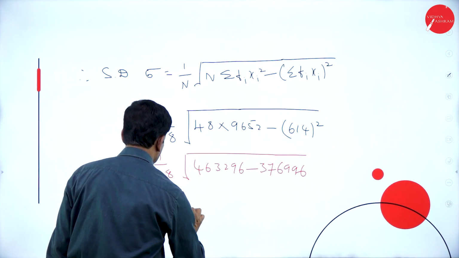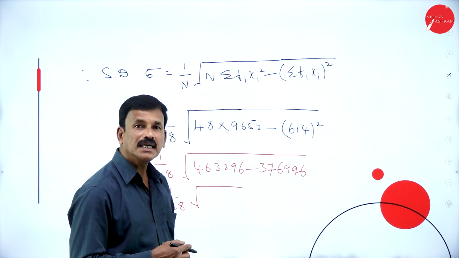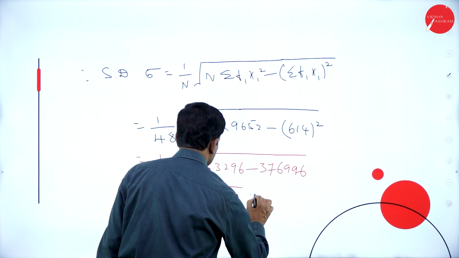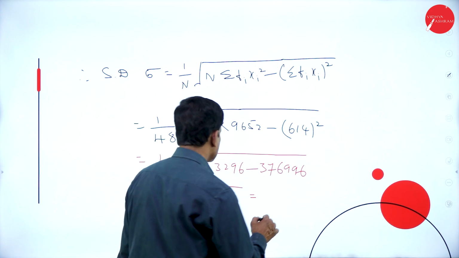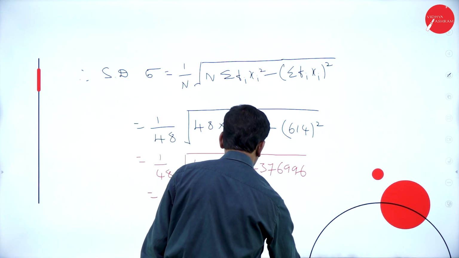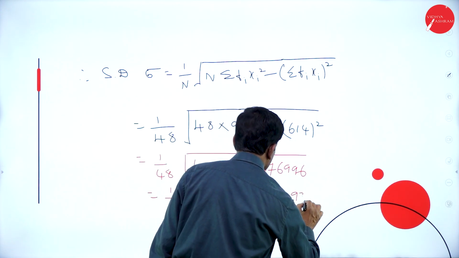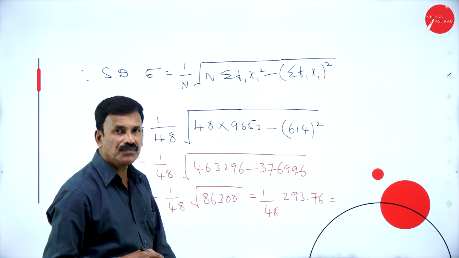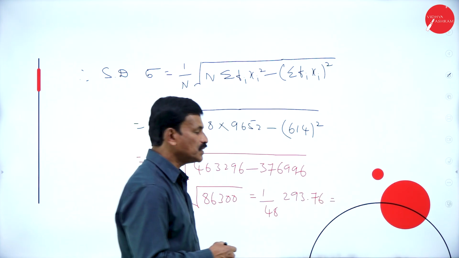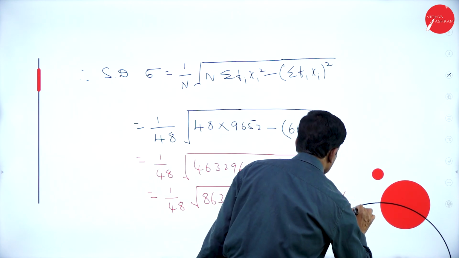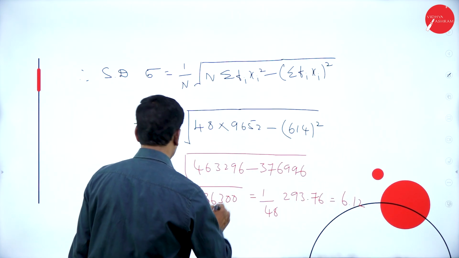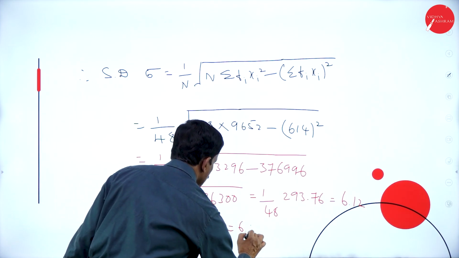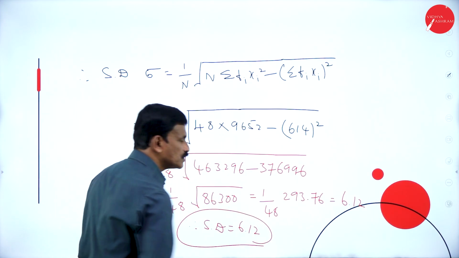So 1 over 48 times the square root of 86,300. Take the square root of this, 293.76. 293.76 divided by 48 is 6.12. So therefore the standard deviation is equal to 6.12. That's it.